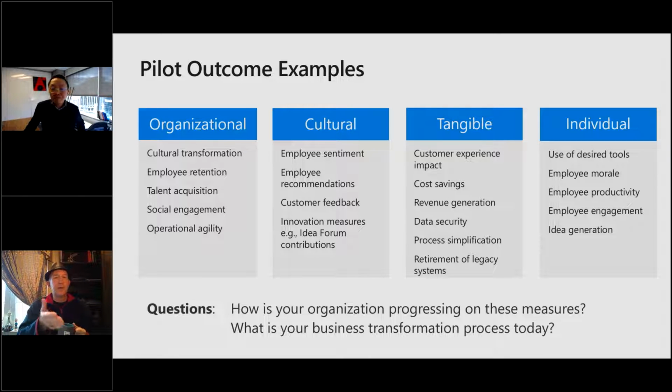Real quickly, just to add to what you were saying, and you really highlighted it well when you started talking about the email, right? A great way to start to identify some of those criteria you want to go after, and the ones that we're talking about, the pilot examples and outcome examples that you're showing here, is to look for points of pain where people are struggling and doing things inefficiently and that are causing frustration.